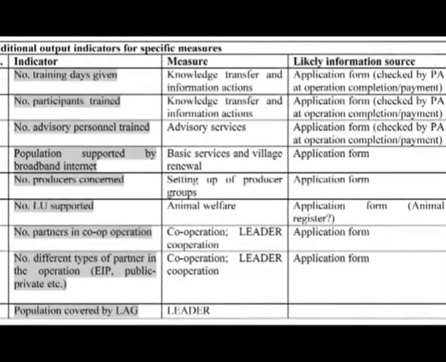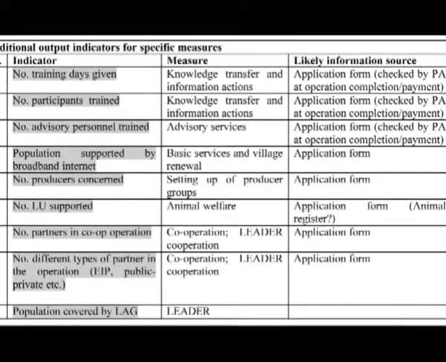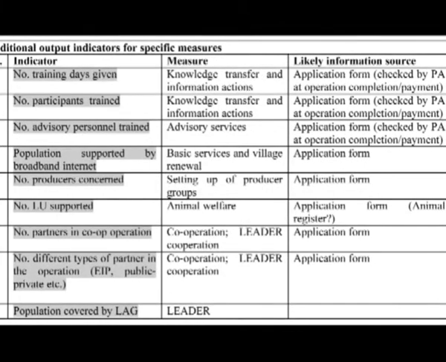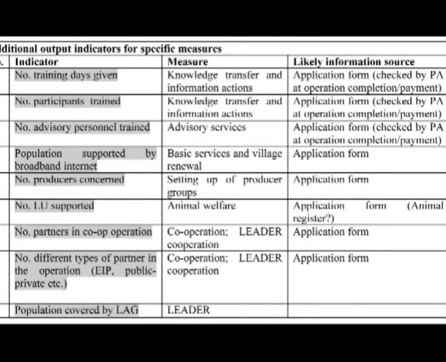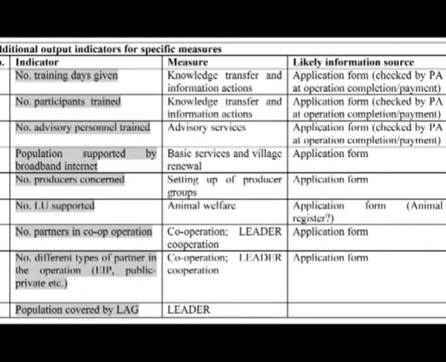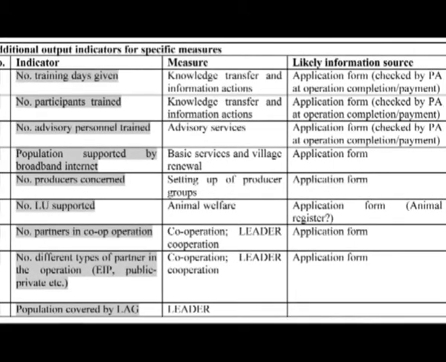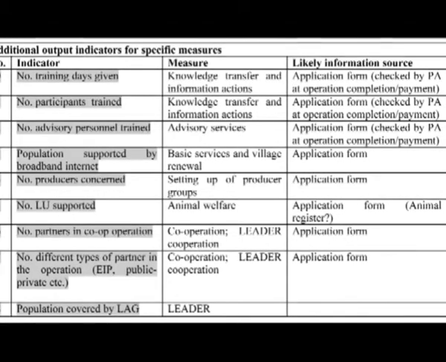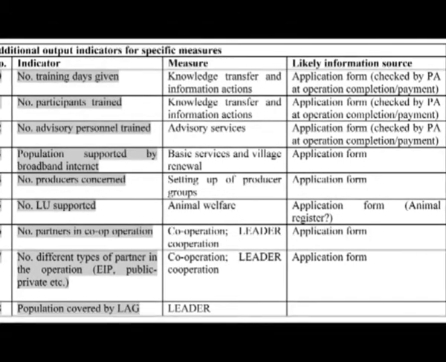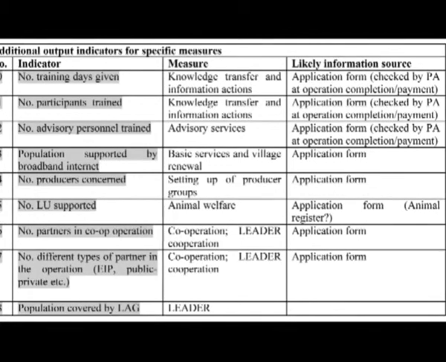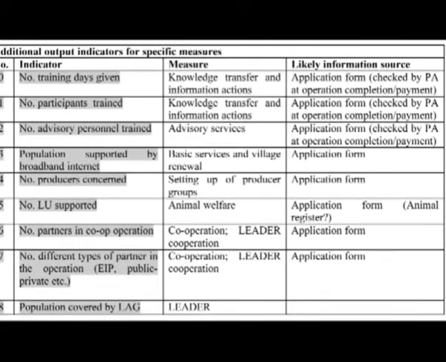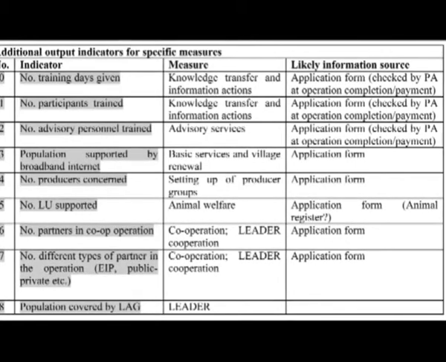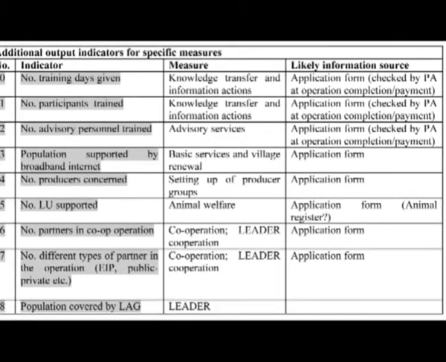For example, for training projects, just the amount of money and the number of trainings delivered, we felt wouldn't be sufficient, that it was important to know the number of training days. For cooperation projects, it was important to know the number of partners who were participating in particular projects. So there are 9 items that you will see which are really tied to very specific measures.